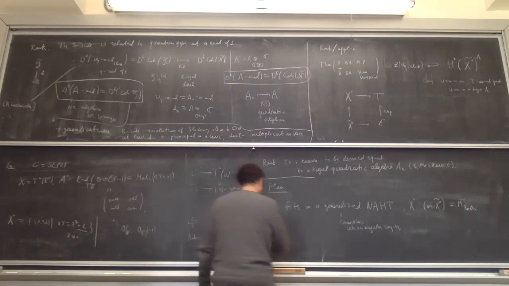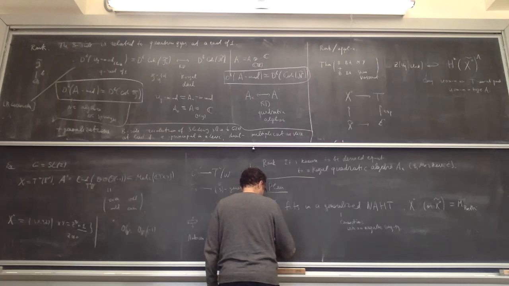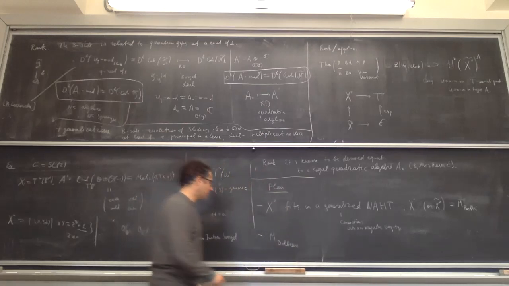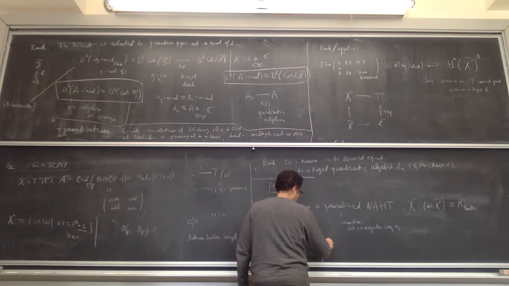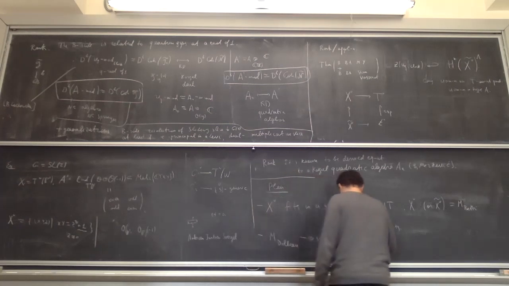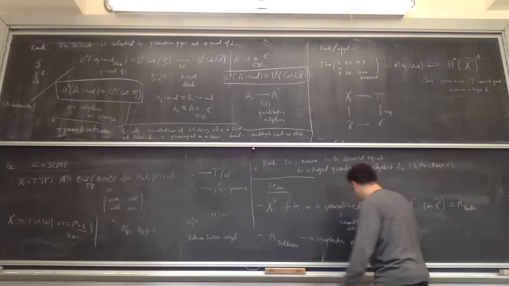And so now this is M Betti, but now we work with M Dolbeault. So this is some symplectic variety. Maybe there is some infinite type phenomenon here, but never mind.